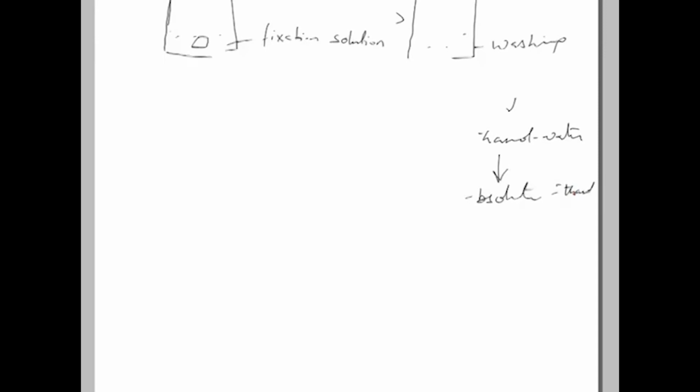Now, once you have done that, then this particular thing has to be embedded. So, for embedding there will be embedding solution here and tissue will be kept in the embedding solution. This could be a thick section or otherwise, and this embedding solution will be epoxy resins.